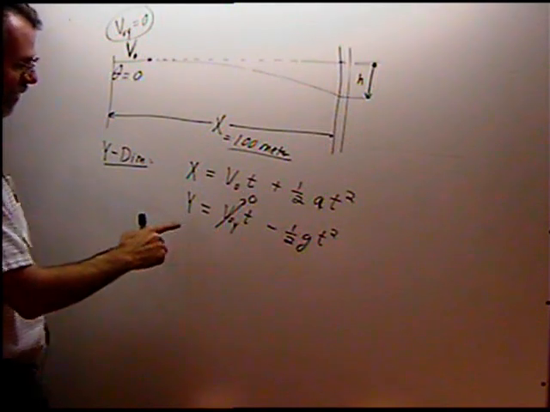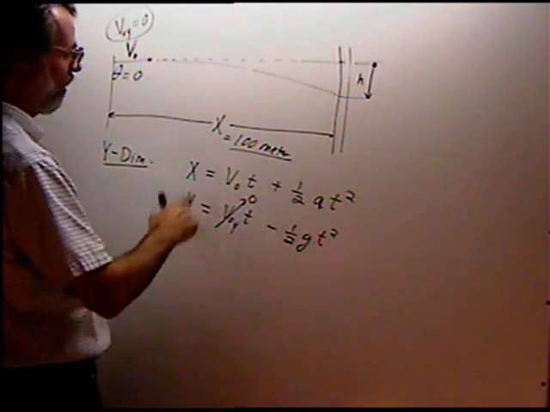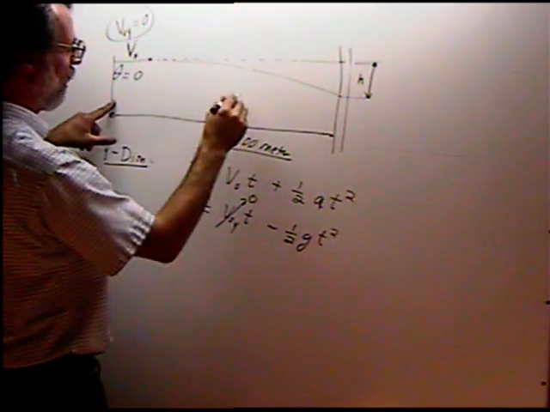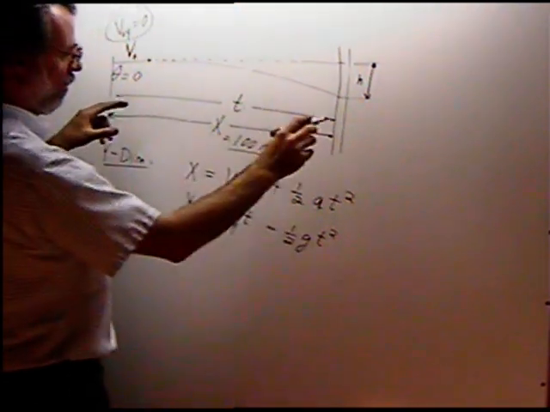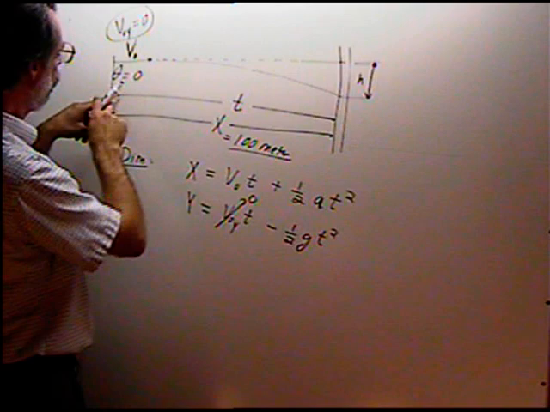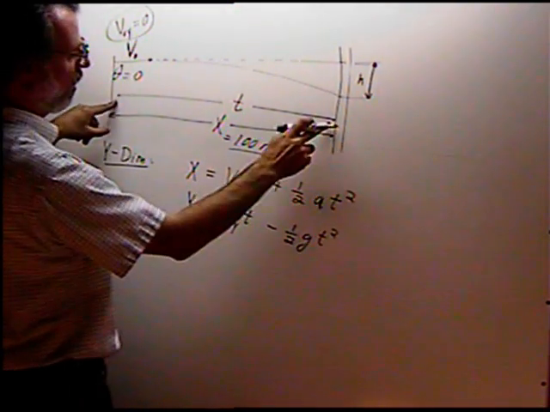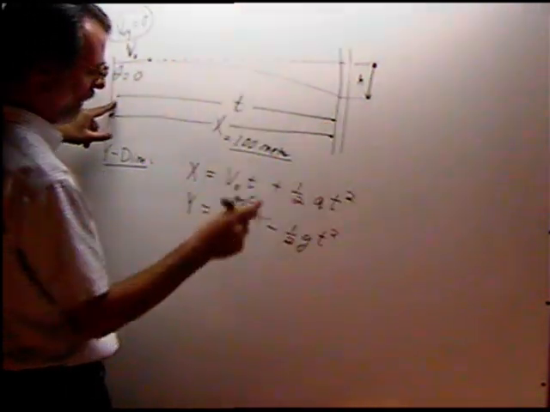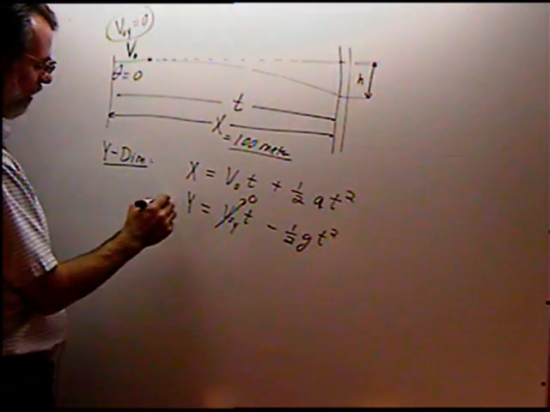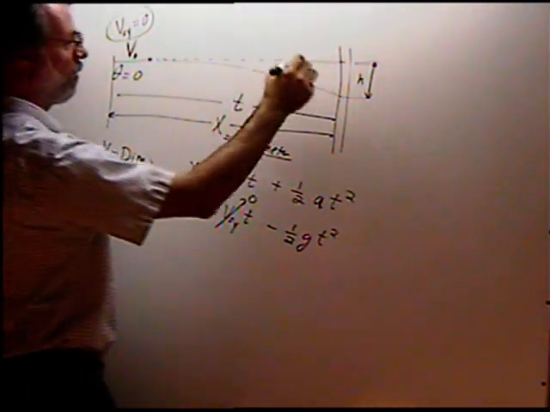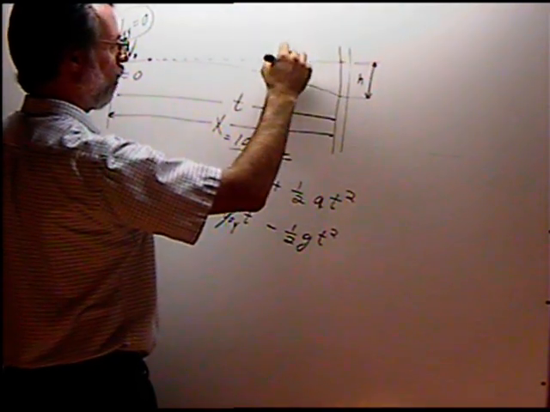And what we're left with is that at a certain time, the time of travel, whatever time of travel it is from here to here, let t equal the time elapsed during flight. That's what t is. And so this y here is going to be, here's our datum, y equals 0.